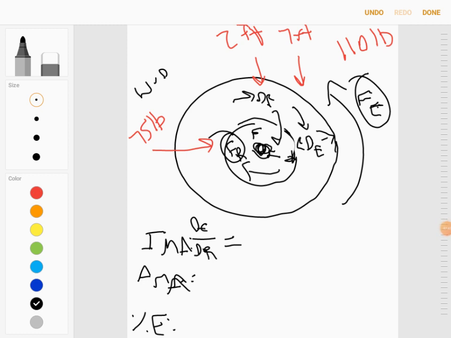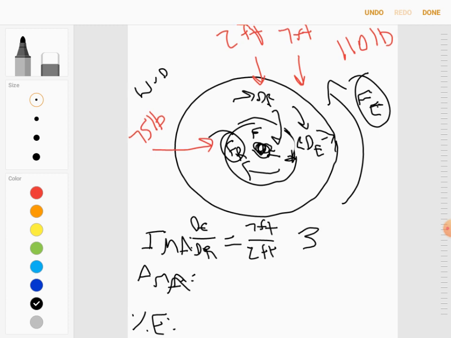These numbers may not be completely realistic, but they're just some that I came up with quickly. So the effort distance dE is 7 feet, and then dR is 2 feet. So 7 divided by 2 is 3.5, and that would be the IMA.